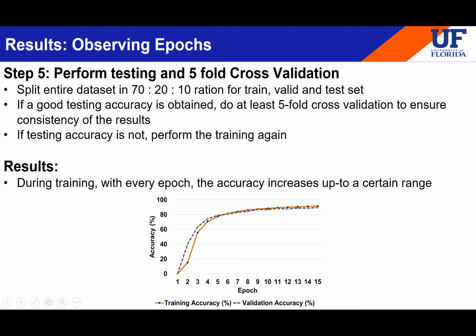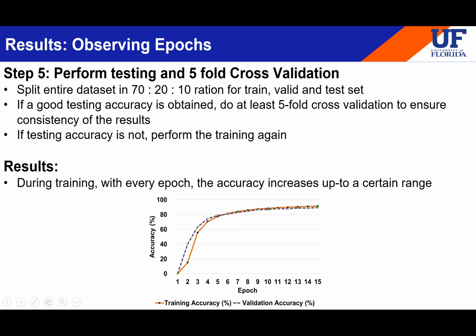That's why there is a rise in training accuracy with the increase in epoch, and there is a rise in validation accuracy also. But after some time, when I ran it for more epochs, I saw that they almost become saturated.